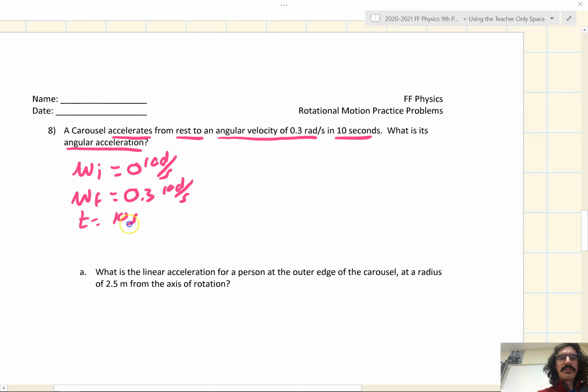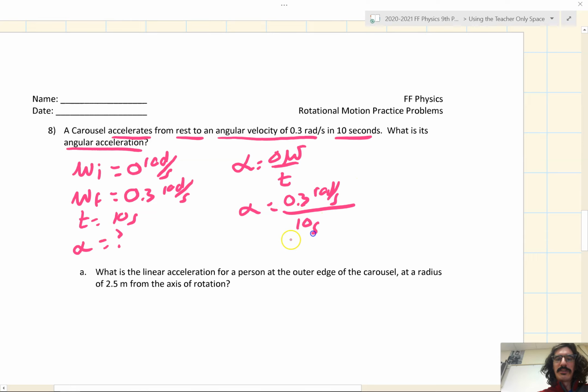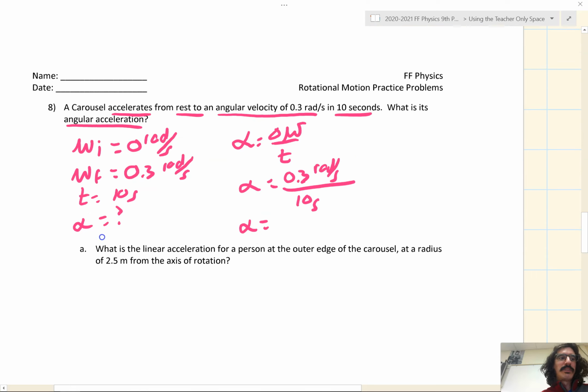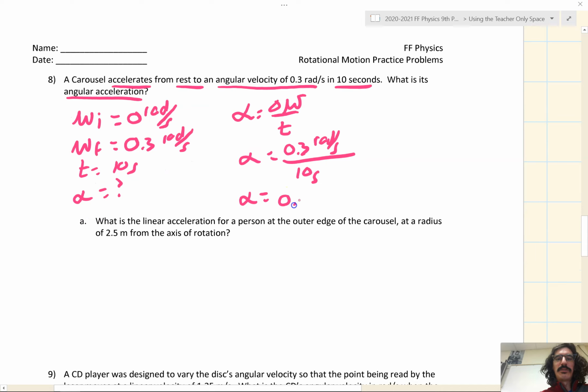Time is 10 seconds. Alpha, the angular acceleration, is what we're trying to find. We look in our reference table. Alpha is equal to the change in omega all over the time. 0.3 radians per second minus 0 radians per second over 10 seconds gives us an angular acceleration of 0.03 radians per second squared.